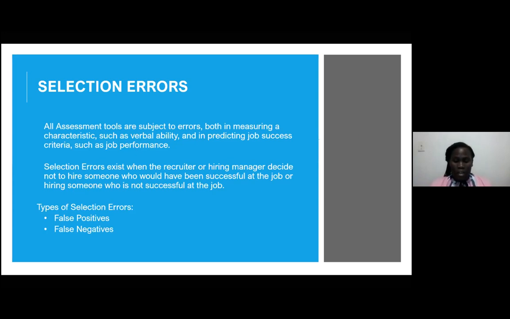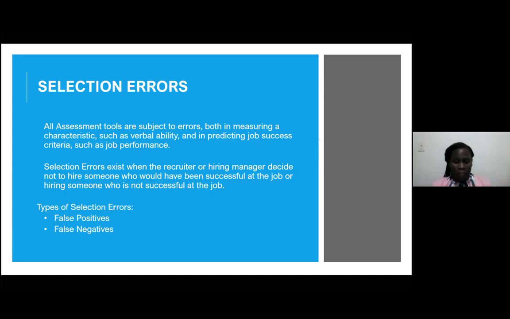In other words, this person would not have been able to demonstrate the skill set needed to effectively perform the job and really operate within the confinements of what the policies at Petrojam are. So that's something that we can look at as a false positive.